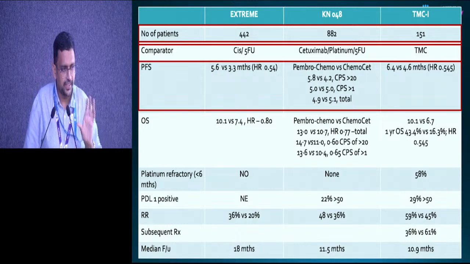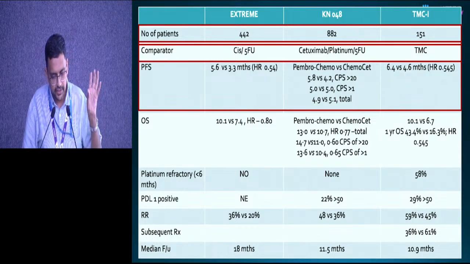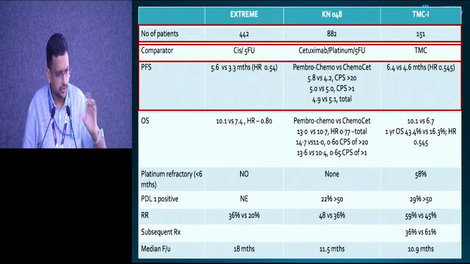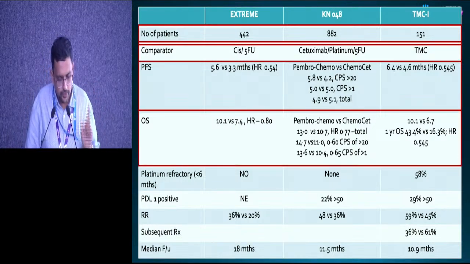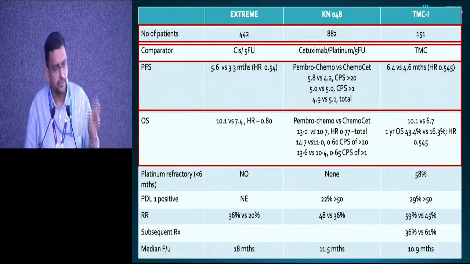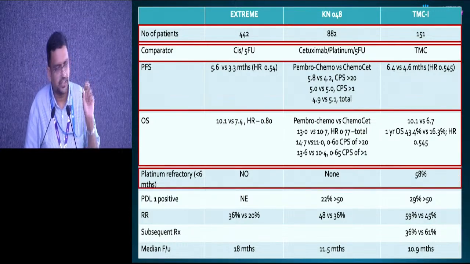So if you ask me, metronomic versus chemo, I think both work well. They're good enough. Whereas in the KEYNOTE trial, again, the PFS is around 4 to 5 months, which is what you would expect. Overall survival, 10 versus 7.4, I showed you. With Pembro, everywhere it's 13 to 14 if you are able to give Pembro plus chemo. The low dose immuno gives you an overall survival of 10 months.